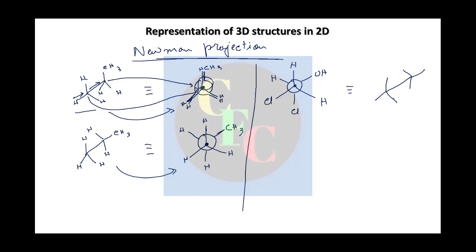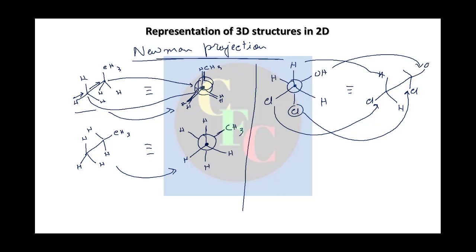Now let us put the substituents. We'll put H here, H here, and chlorine here, Cl. Similarly, this chlorine will go here, right? Cl, this will come here, OH, and the others will be occupied by H. Okay, so we have seen another example of converting Newman to Sawhorse.